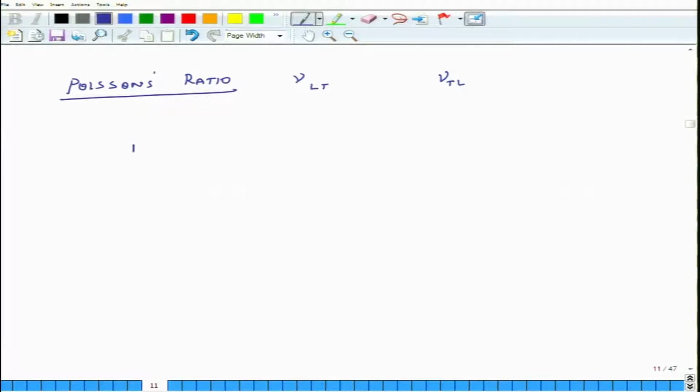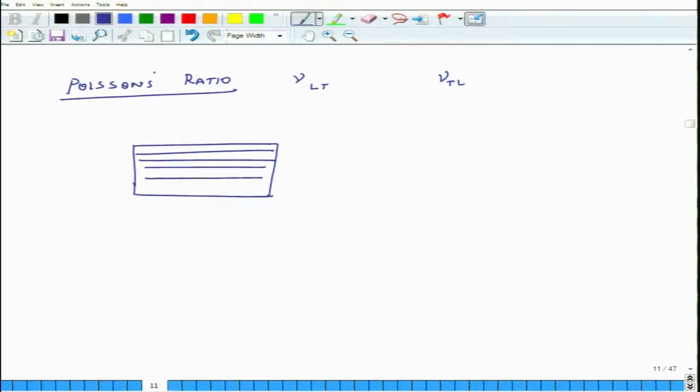So, suppose you have a composite and the fibers are running in this direction. That is our L direction, and if I pull this composite in the L direction with a stress of sigma L, then because of this longitudinal tension, what will happen to the composite?